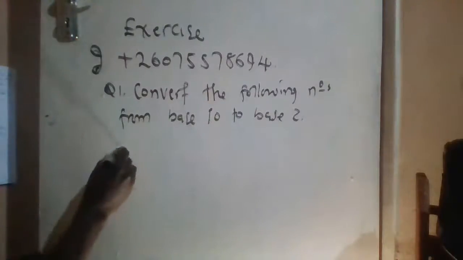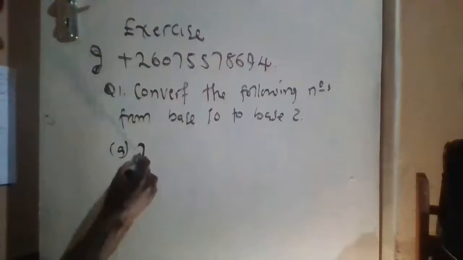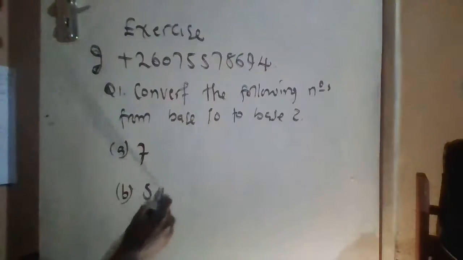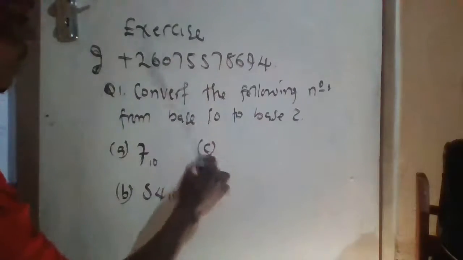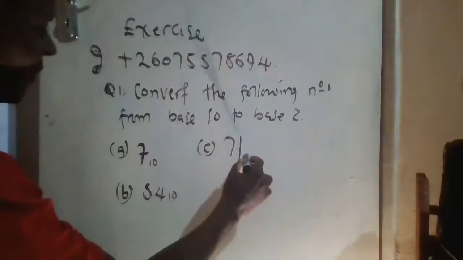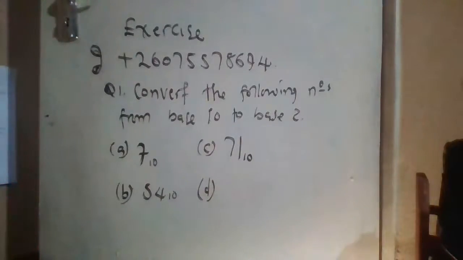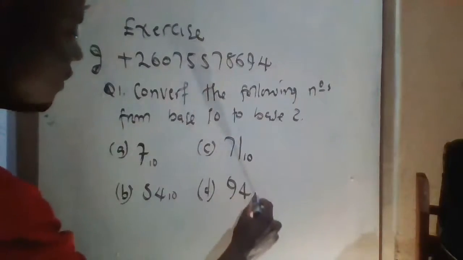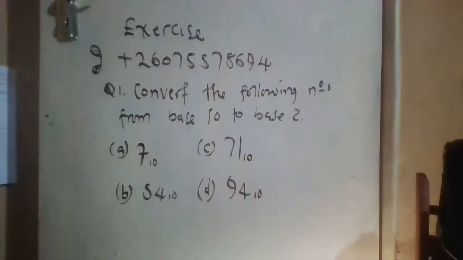So the first number here will be 7, a very small number, 7. B will be 54. Remember, these are in base 10. Then C, I'm going to put 71, a very big number. Wow. And then D, oh, what number can I put? 94. 94 in base 10. So these numbers have to be converted to base 2 and then give me a shout.